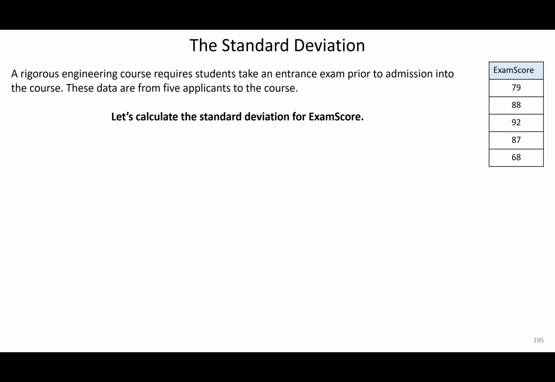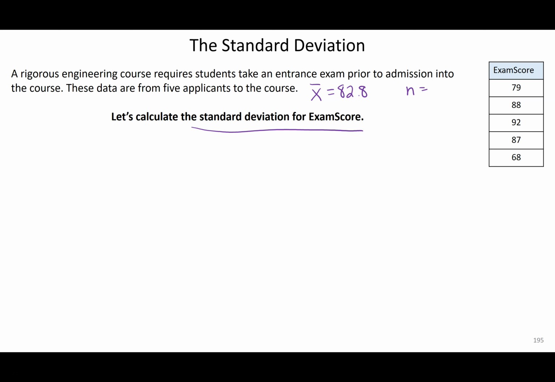So we're going to come back to this engineering course entrance exam. So we have 5 students, we have their exam scores, and we want to calculate the standard deviation for the exam score. Just as a reminder, x bar, when you take these 5 values, should be 82.8 points if you want units.